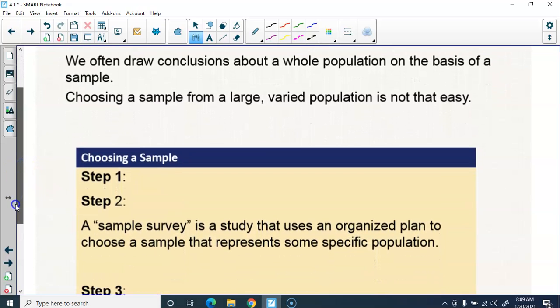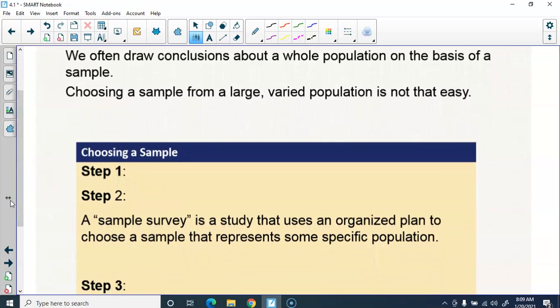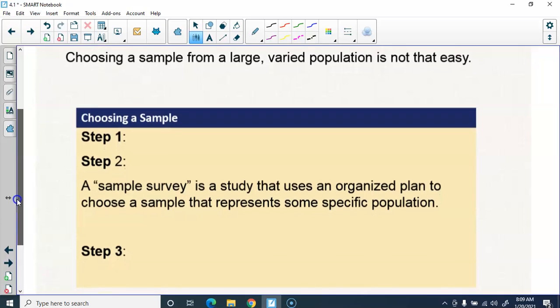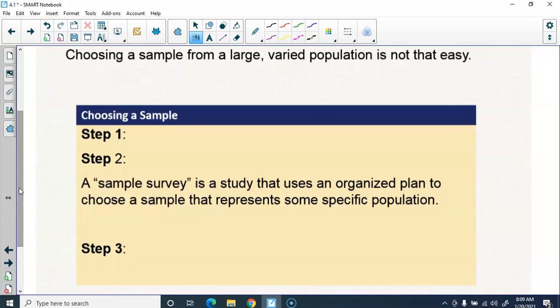So the idea of a sample survey, we want to, again, draw conclusions about a whole population based on a sample. We want to choose a sample from a large, varied population, but that's not always very easy. So what we first want to do is define our population. Step 2 is say what we want to measure.